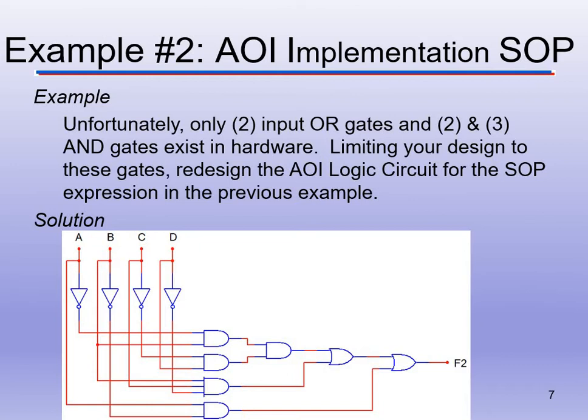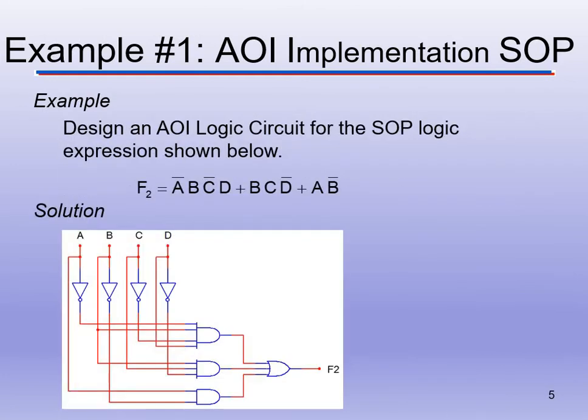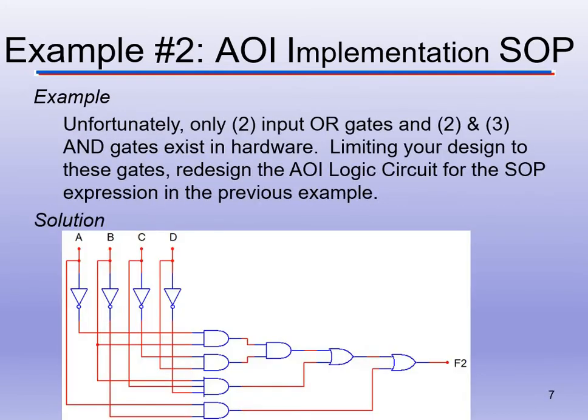It would take 2 AND gates alone, as you can see here, to make the first expression, not A and B, not C and D. That requires 2 AND gates and then a third AND gate to take those 2 expressions and push them together. So you can see what a difference it's going to be electronically if we have to use 2-input AND gates versus a 4-input AND gate, which is much more convenient.